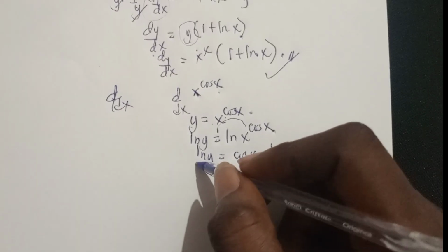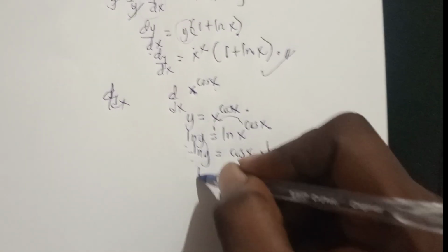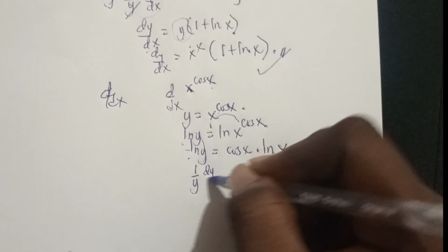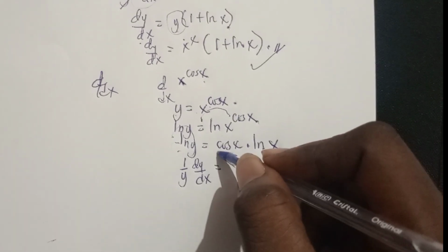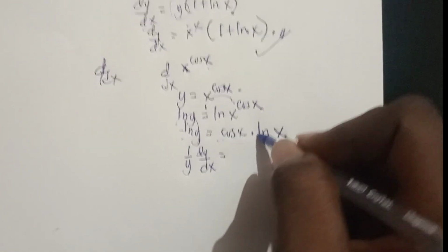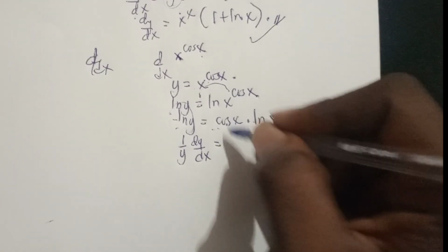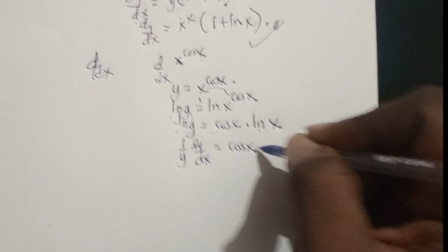Now we are going to differentiate both sides. If you differentiate natural log of y, you are going to get 1 over y dy/dx. Then here we use the product rule. You first maintain one, differentiate the other, then vice versa. So let's maintain cos x first. When you maintain cos x, you still get cos x.